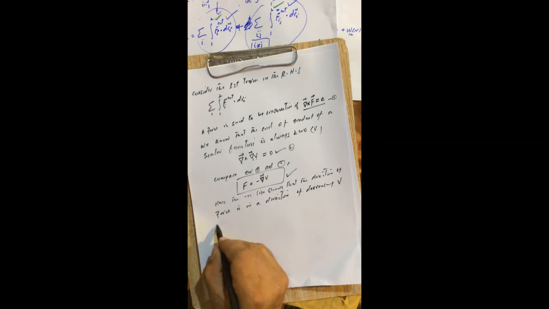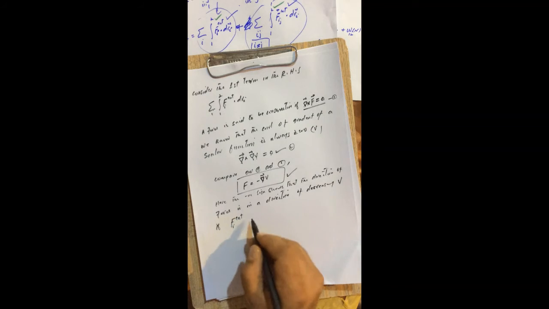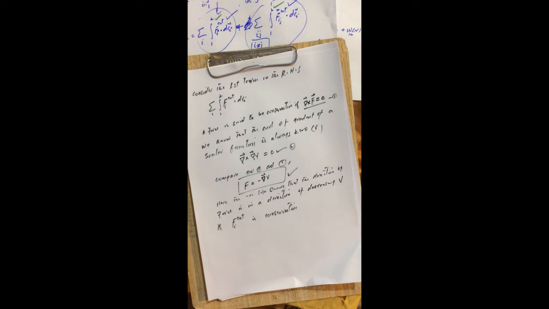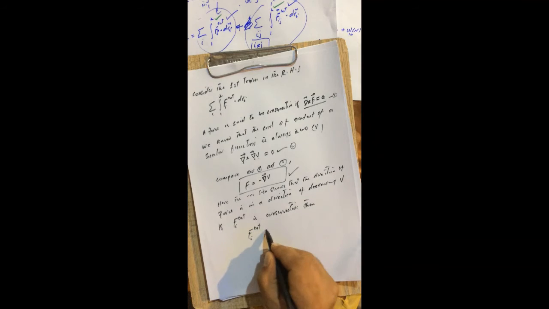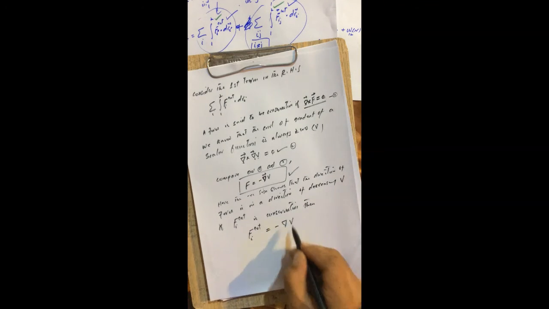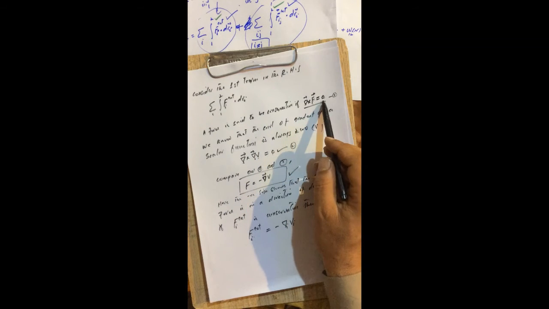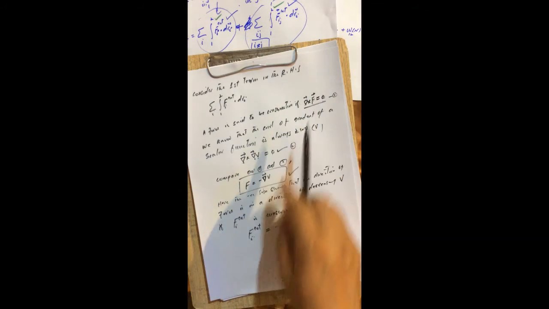Now, if this external force is conservative, then we can write the external force as the negative gradient of the potential. Because the force was conservative, we have these rules, and from that we got this relation.